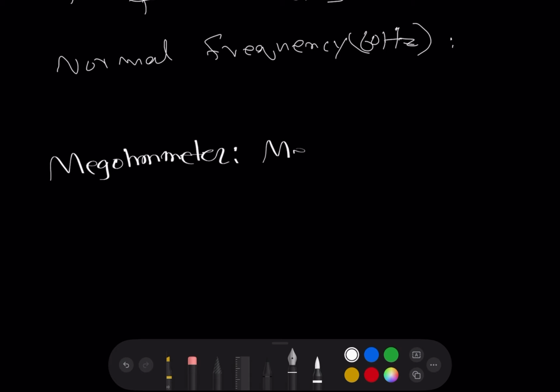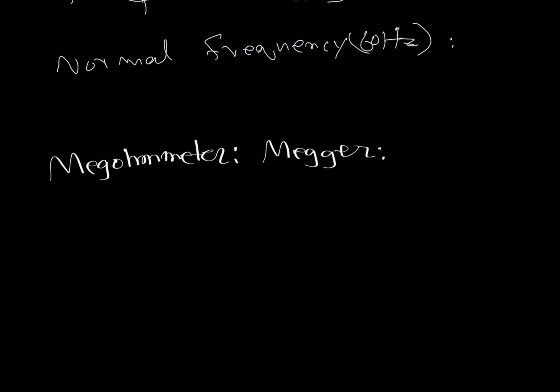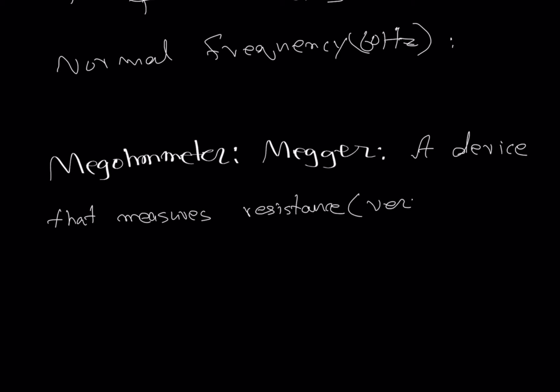Or Megger. We call it Megger in a simpler language here. What is a Megger? A Megger is a device that measures resistance, but very high resistance.